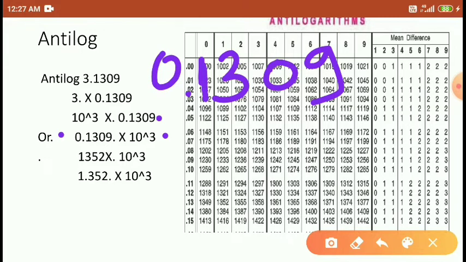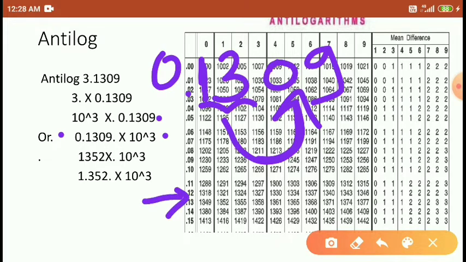In this case, you go for the 13 value, the 13th row, and the zeroth column. Where is the 13? The 13 is here, students. The 0 is here.